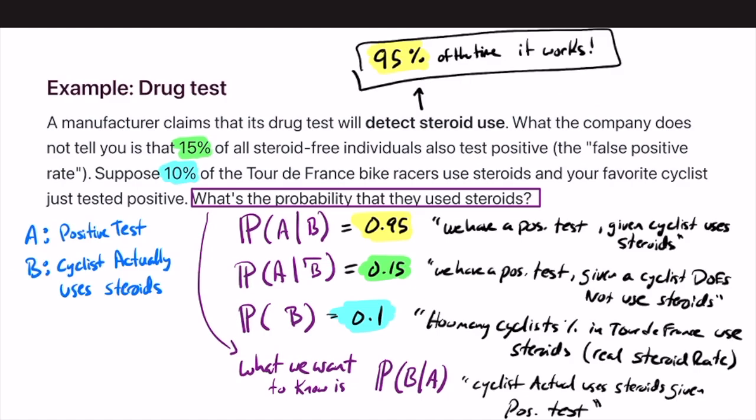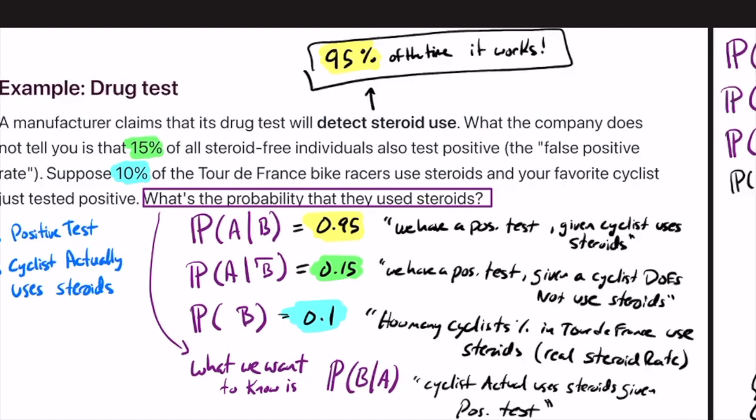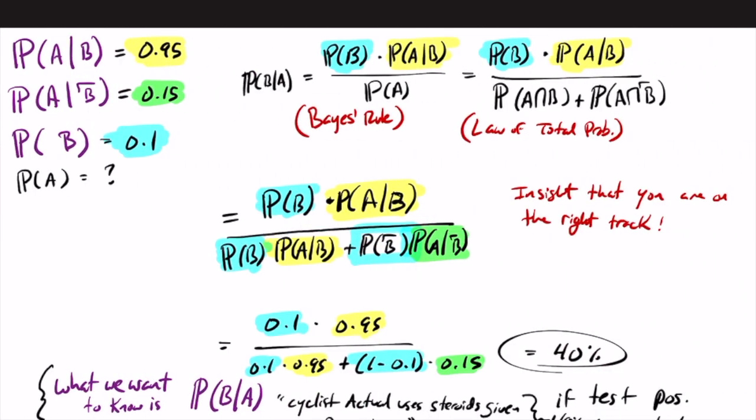But testing for steroids is a complicated process which involves blood chemistry and phlebotomy and all this other stuff. So it's going to have some false positives. So if you test positive on this test of steroids, there is about a 40% chance that you are actually a user. So most people who test positive actually don't use steroids.